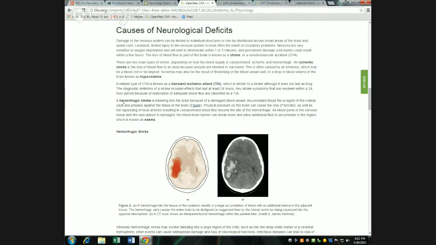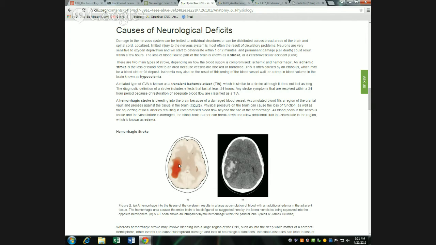Then there's also a hemorrhagic stroke, which is when bleeding occurs somewhere. It's a stroke because it's affecting blood supply to parts of the brain, but what really happens in hemorrhagic stroke is that a blood vessel ruptures and bleeding occurs in a very specific place.